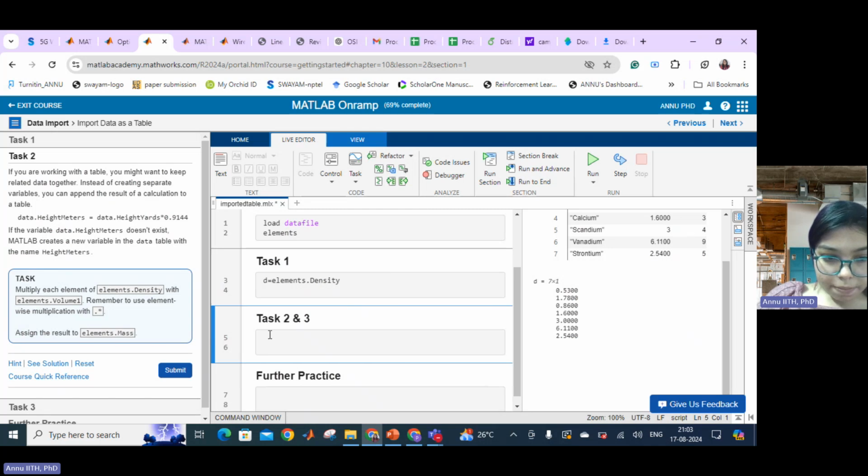So it is asking elements dot mass equals to, let's quickly do this. We have to do element-wise multiply because there are two vectors.